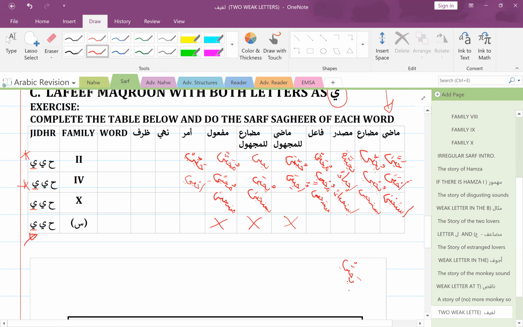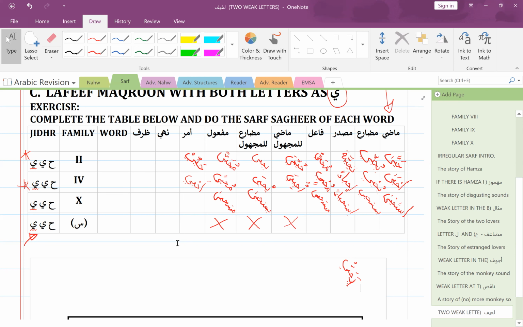If you take this out, we make hayyi. La tahayyi. وظرف منه محيا. Again, we are saying these words for the purpose of practice.